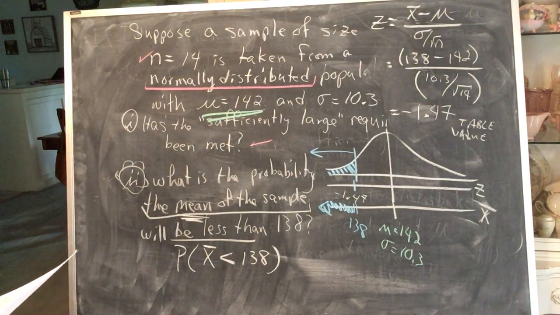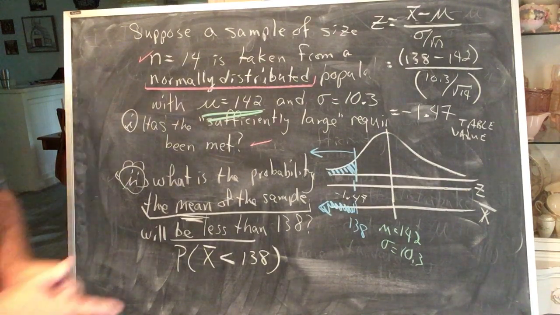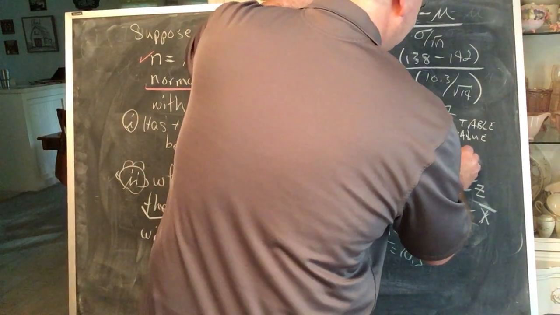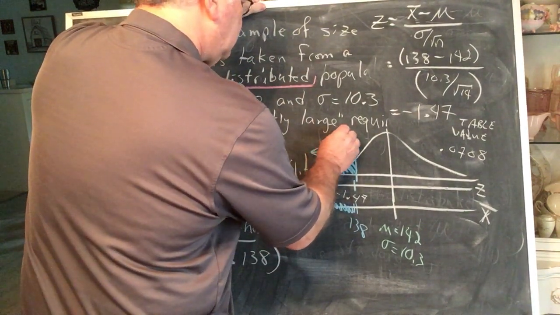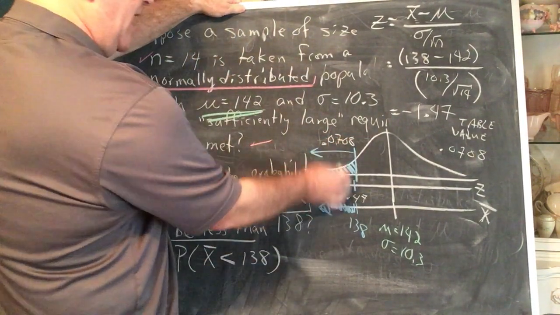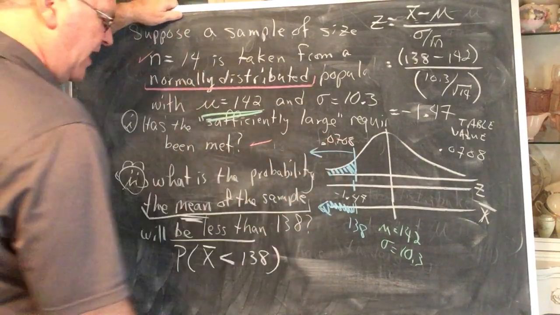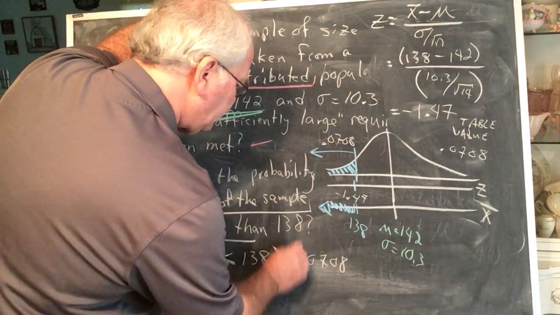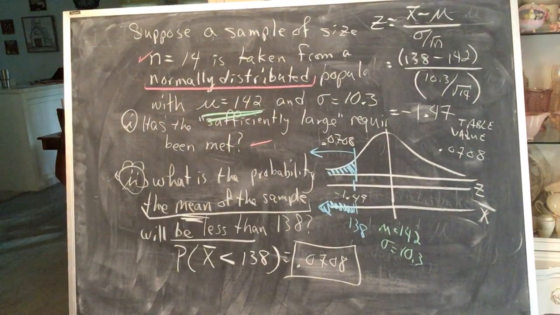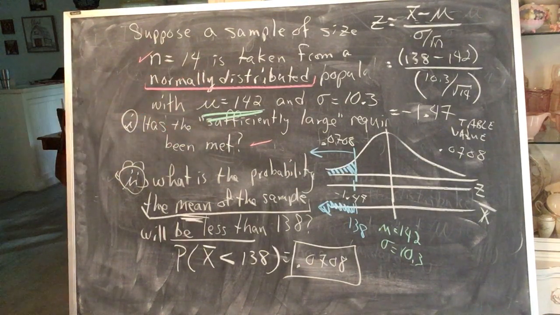Negative 1.47, I have 0.0708. The number from the table always goes on the line. Since that is what we're looking for, our final result is 0.0708. What we'll do next is run through several examples using this formula and see if we can get used to working with it.